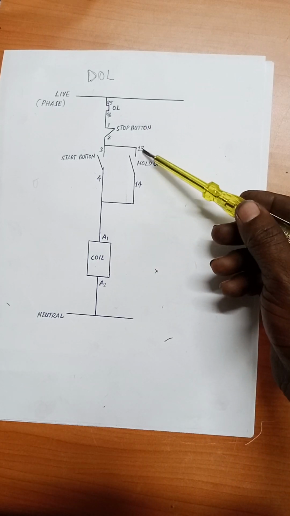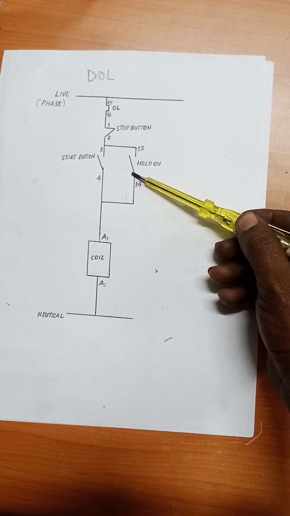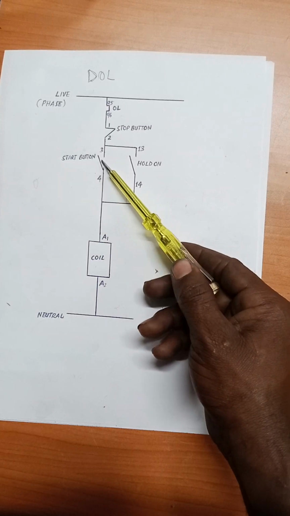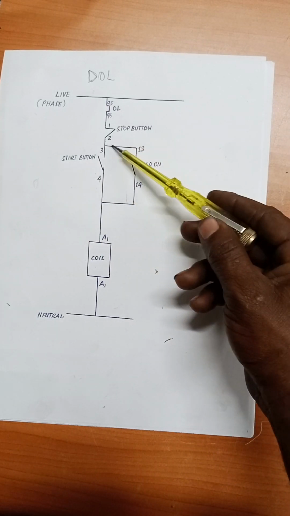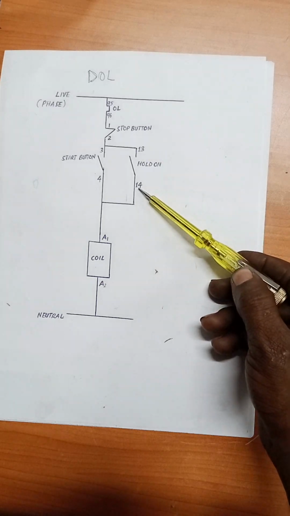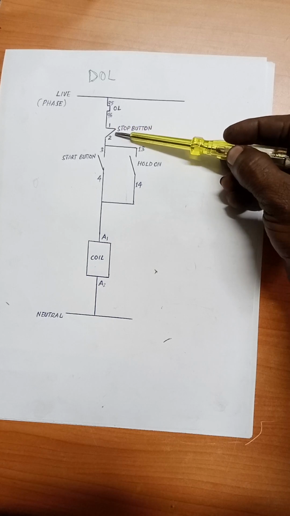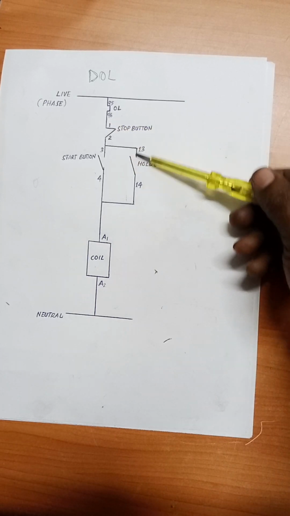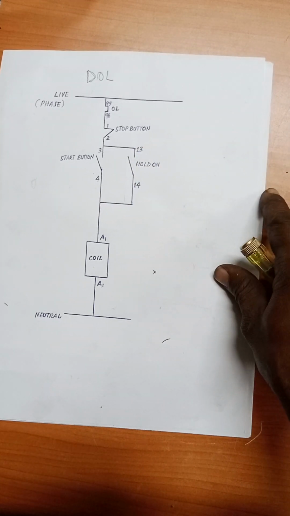So that's why we call this hold on contact, because when you press on and release and leave this button, the power will pass through 13 and 14 up to the coil. When you press the stop button, the complete circuit will lose the power, so the circuit will be off.